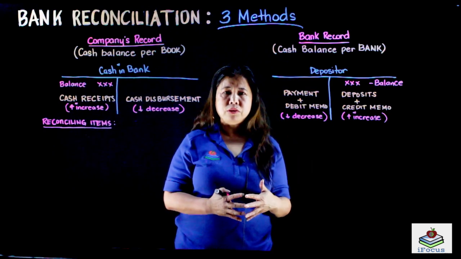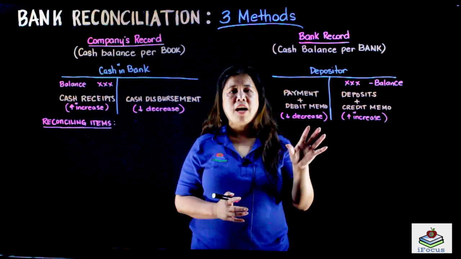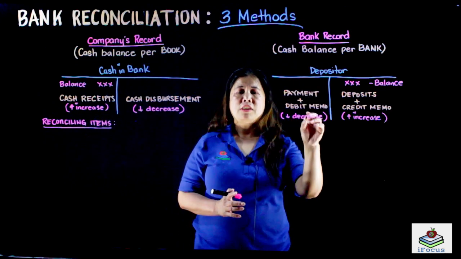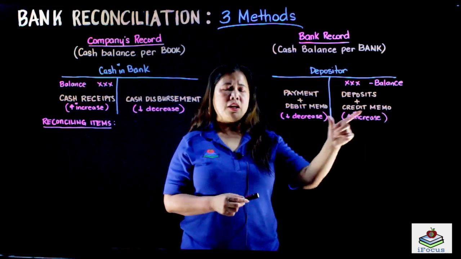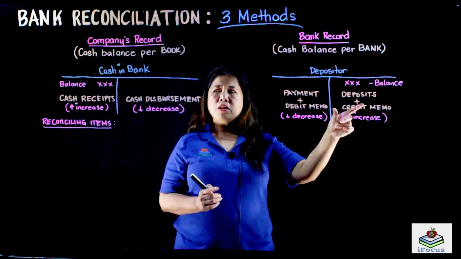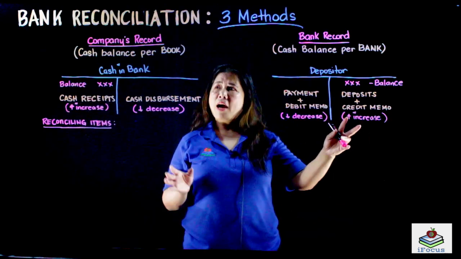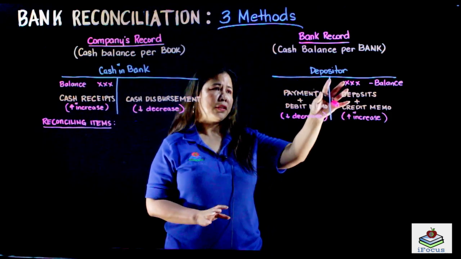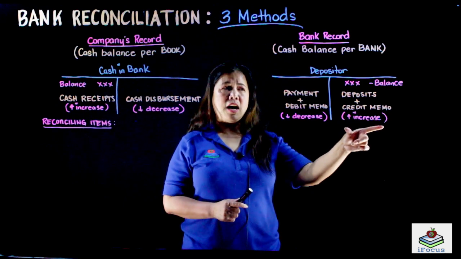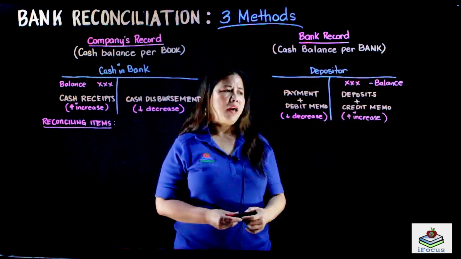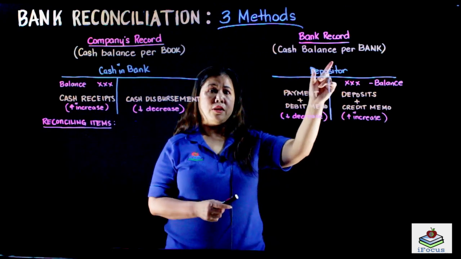Mga debit memos like bank service charge, yung mga bank service charge na binawas na ng bangko sa account ng depositor. On the credit side naman are the deposit plus the credit memos. Yung mga deposits na, yung mga cash receipts na diniposito ng company to the bank's account or to the depositor's account, nag-i-increase ang account ng depositor. And also, the credit memo, nag-i-increase din ang account ng depositor.